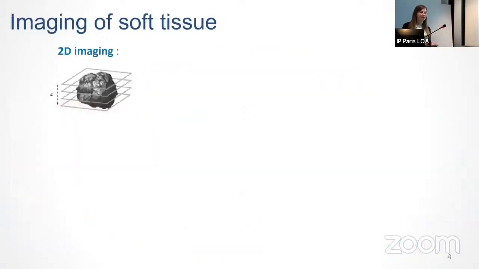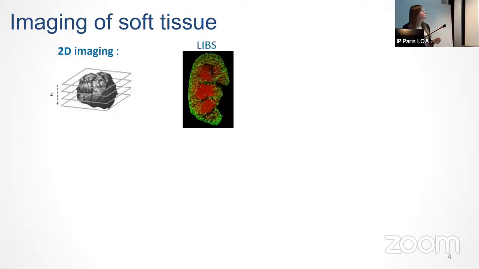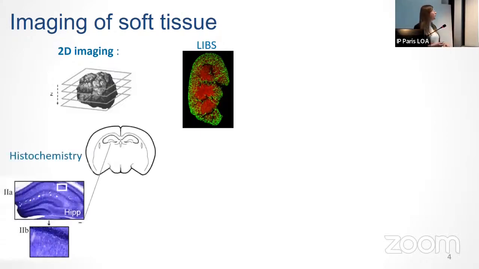There are many ways to image the brain and soft tissue in general. On one end, we have 2D imaging techniques. For example, we have LIBS, a technique in optical microscopy that uses laser-induced breakdown spectroscopy to visualize the sample and give maps of several elements inside the tissue.